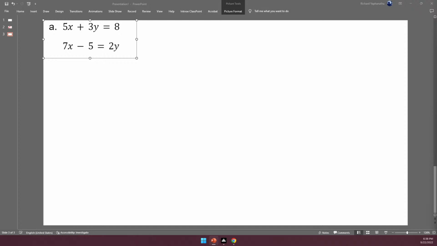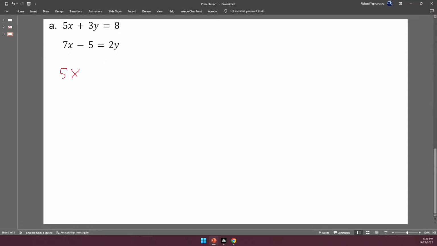Okay, so the second one, when we want to do elimination, we want to make sure everything is aligned. For example, here we have 5x plus 3y equal to 8. The next one, we want to make it 7x minus 2y equal to 5. I believe you can move it here and there. And then after that, we want to multiply whichever you see easier.